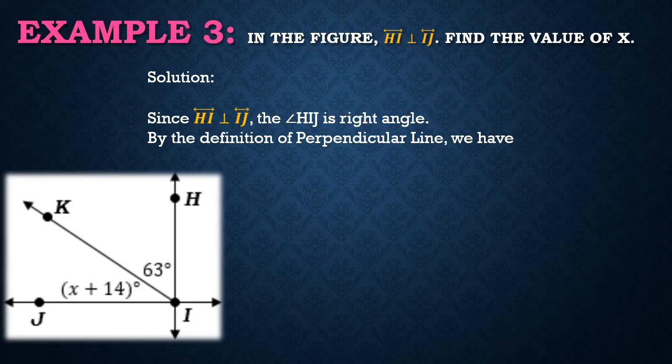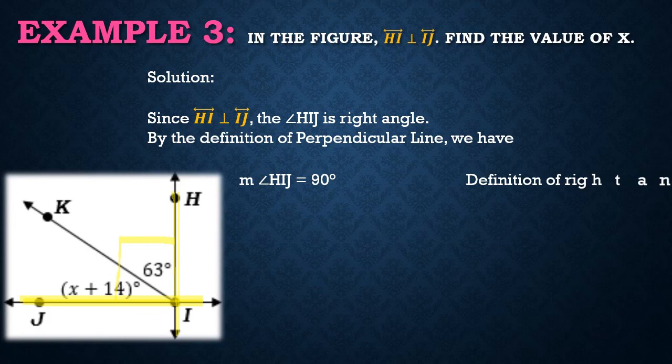So again, here in our example, line HI is perpendicular to IJ. Since they are perpendicular, that means angle HIJ is a right angle.